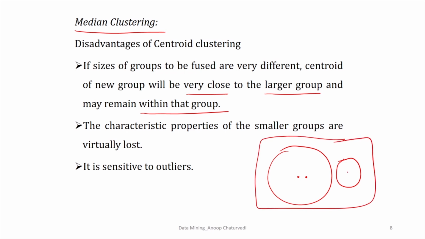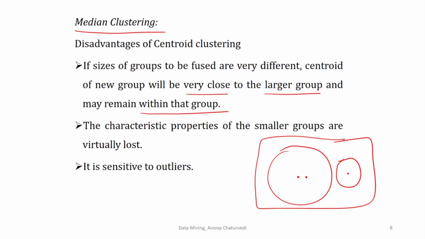So, this is the centroid for the smaller group, this is the centroid for the larger group, and when we fuse these groups, the centroid for the combined group is somewhere here, which is within the larger group, and it is quite close to the centroid of the larger group. So, in that case, the characteristic properties of the smaller groups are virtually lost.